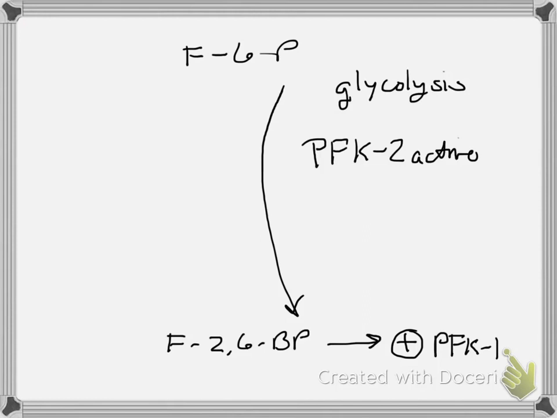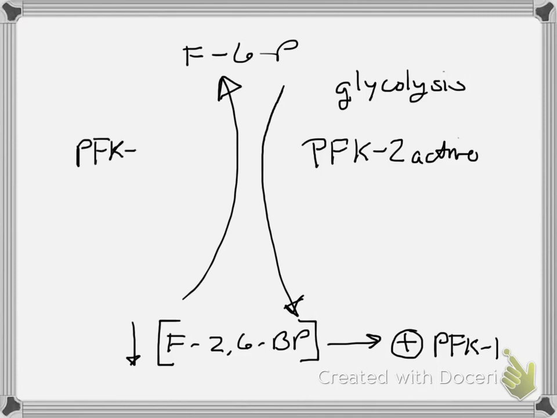Now, in gluconeogenesis, we need to reduce the concentration of fructose 2,6-bisphosphate as an activator of PFK1, and so in order to do that, we need to reverse this reaction to cleave the phosphate off of the number 2 carbon of fructose 2,6-bisphosphate, reducing its concentration and reducing the activation of PFK1. This is also going to be done by PFK2 because this is considered a bifunctional enzyme.